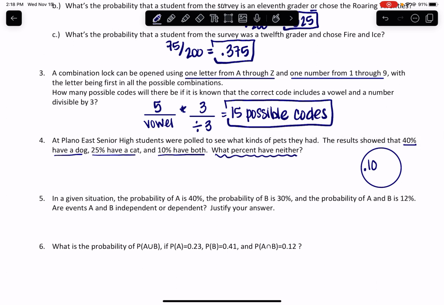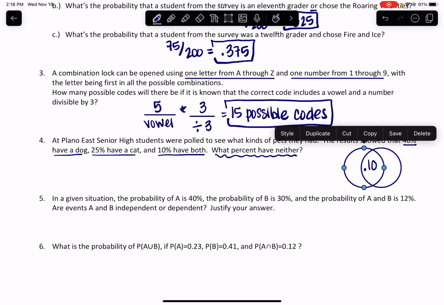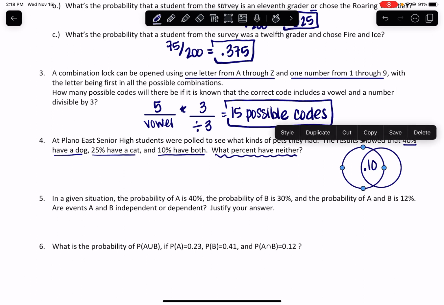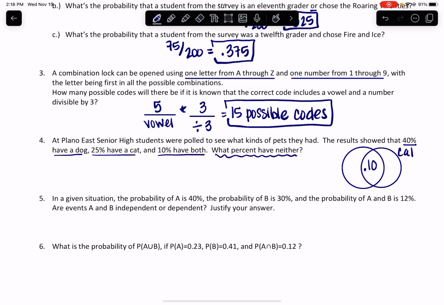And then, okay. So with 10% having both, that means that for my cat, only 15% have just a cat, and only 30% have just a dog.